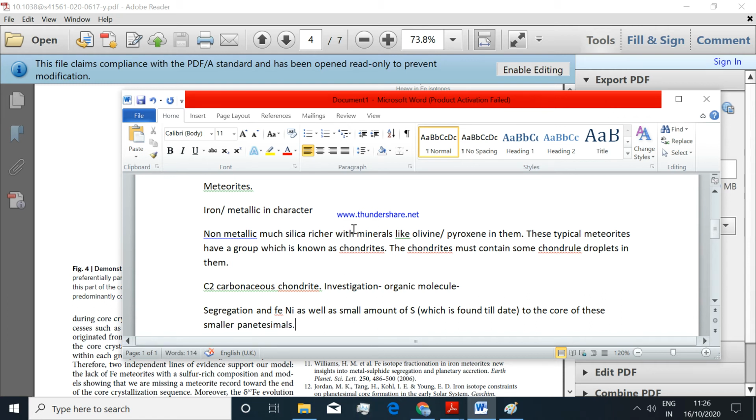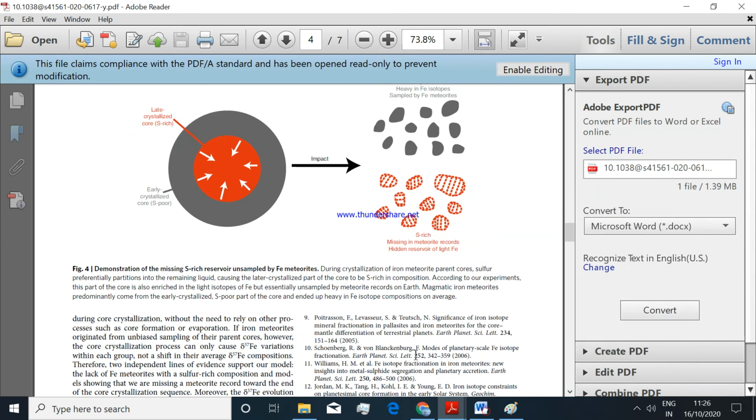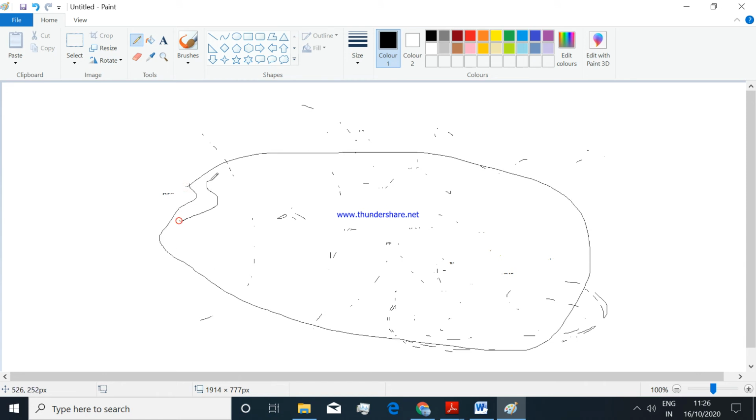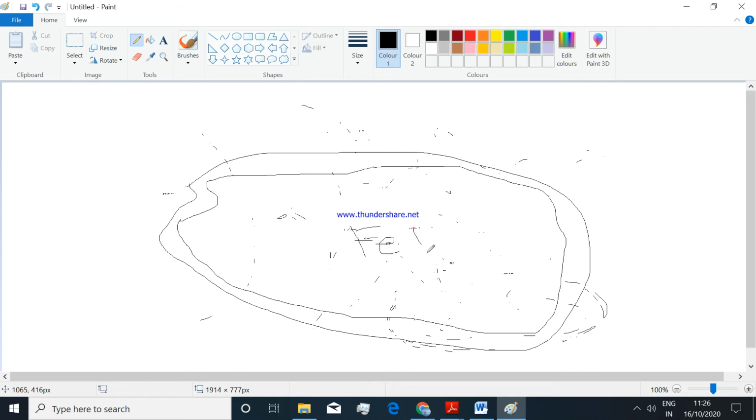Okay, so if a planetesimal like this has some incrustation of chondritic material, mostly it is formed by iron and nickel alloys.